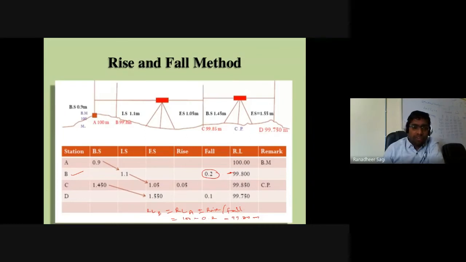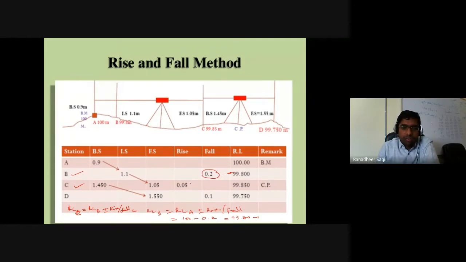Likewise, if I want to calculate the RL value of point C, it is equal to the RL value of the previous point, that is point B, plus or minus the rise or fall data we have got with regard to point C. With respect to point C, where have I represented the data?